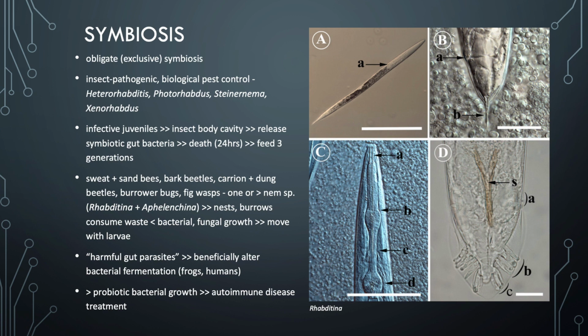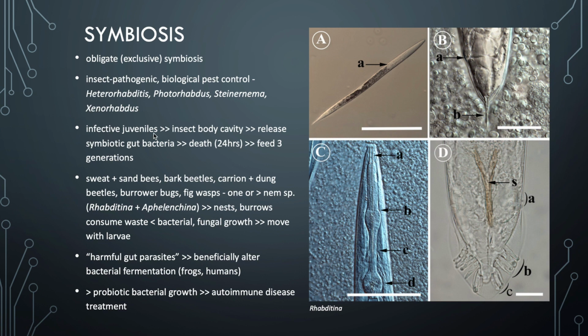And many insect pathogenic nematodes live in insects and carry out their life cycle within insects. And this is great in a way because they serve as a biological control of what we call pest organisms. And there are many different taxa that are included in this group of nematodes.